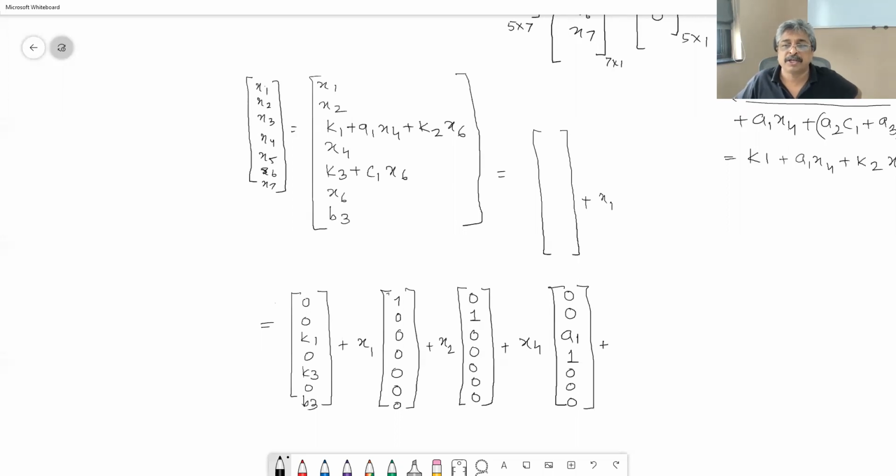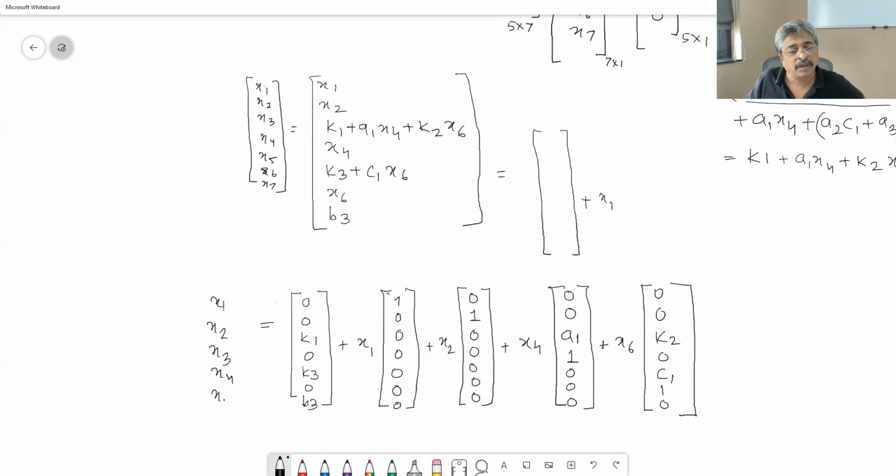I hope you are understanding. x5 is not free, so it is dependent. For x6: 0, 0, third equation we have k2, fourth equation we have 0, fifth equation we have c1, then 1, 0. We had 4 independent variables and 3 dependent, so this is your solution set: x1, x2, x3, x4, x5, x6, x7.